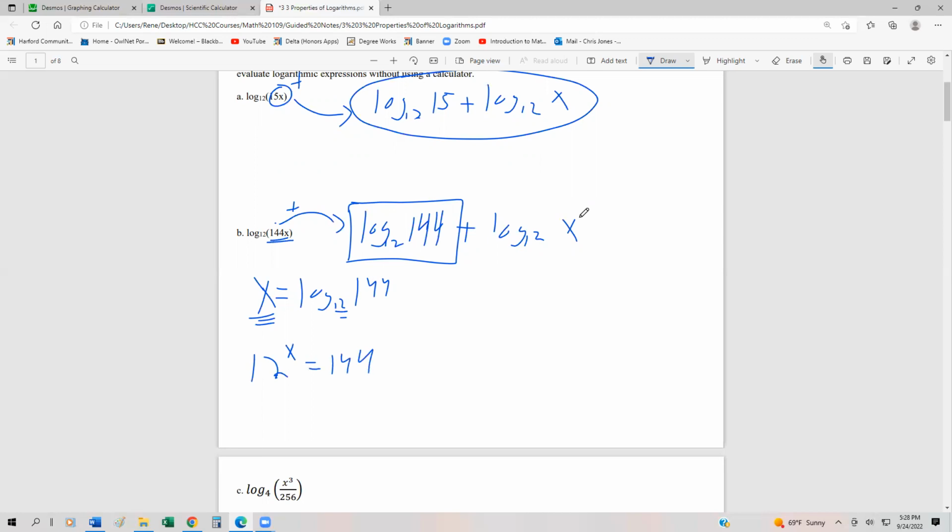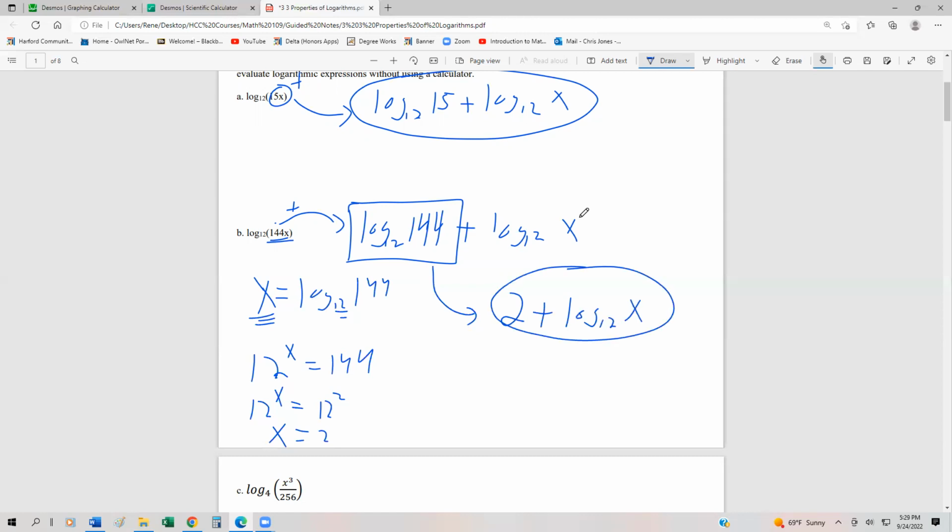And we probably remember that 144 is the same thing as 12 squared. If we didn't know that, we could just go in our calculators and fumble around with it until we figured it out. So in this case, x would be equal to 2. We can now rewrite this expression as 2 plus log base 12 of x. We always want to try to simplify as much as possible.